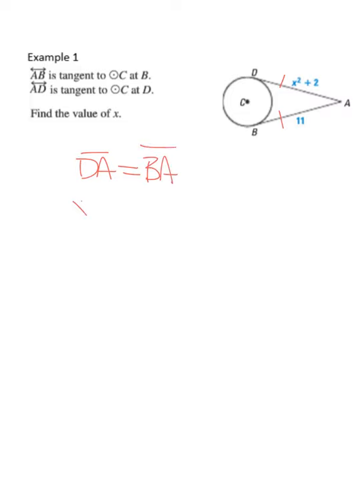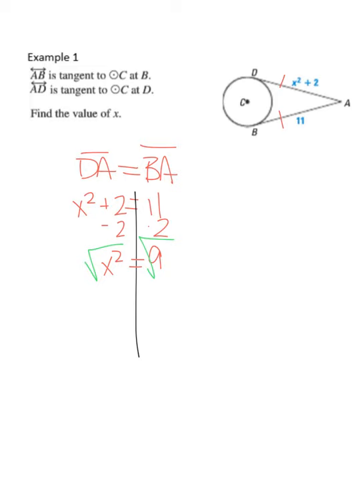So DA is x squared plus 2, and BA is 11. Now I just solve. So subtract 2 from both sides. So x squared equals 9. Now because I have a square, I have to take the square root. And I know a number multiplied by itself that gives me 9 is 3. So x is equal to 3.